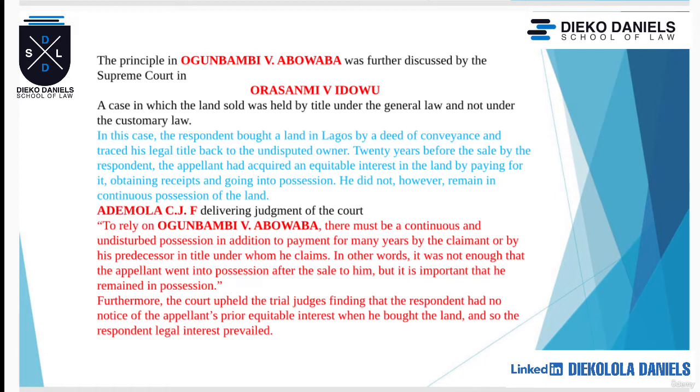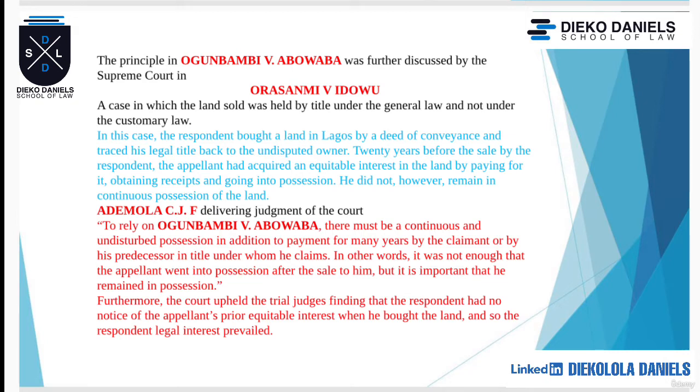So R did not even know that there's anything that has to do with A, because A's own is what? I pay you money, you give me receipt, I enter possession. Simple. They didn't write his name anywhere. Because according to Ogunbambi and ABOWABA, that is the requirement that is necessary for equitable interest.